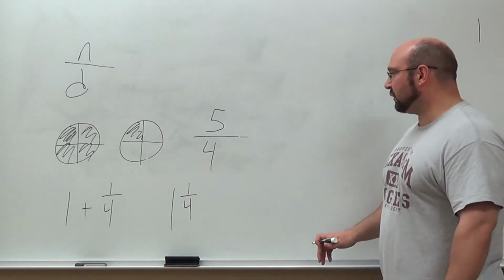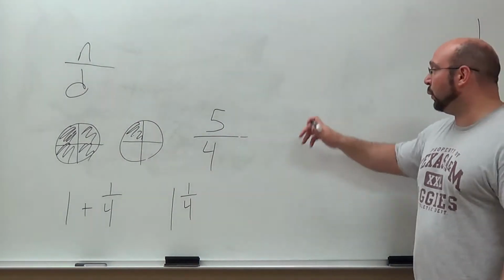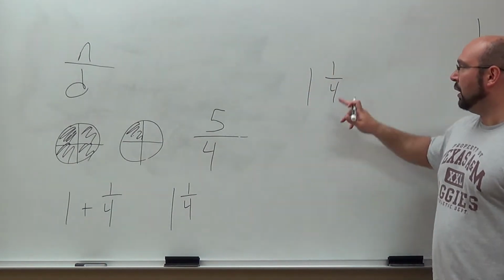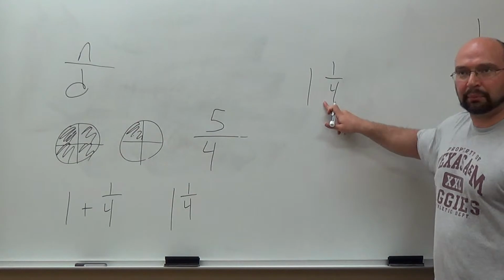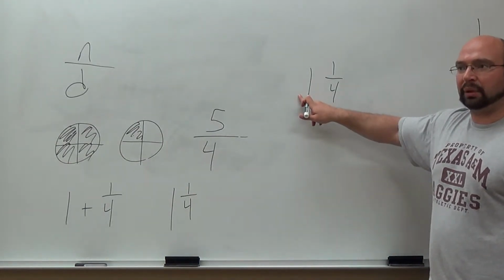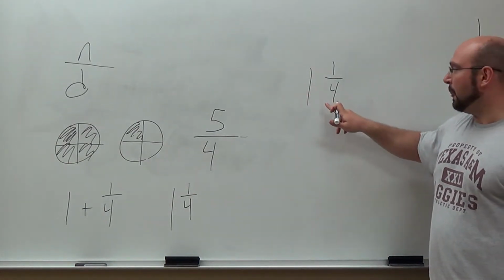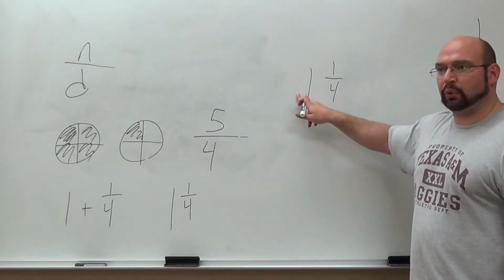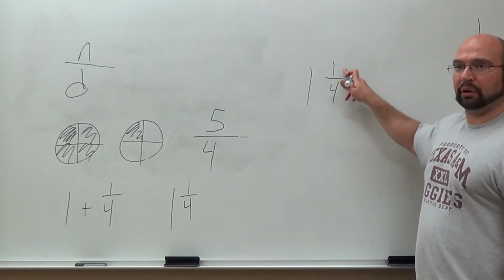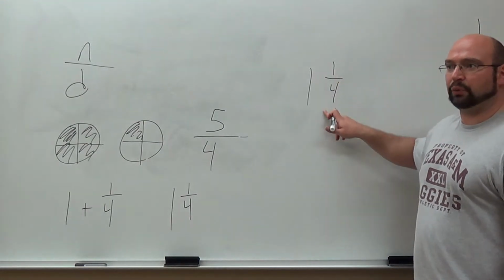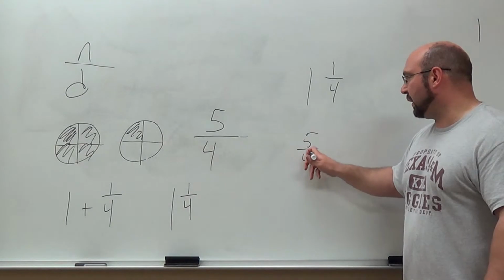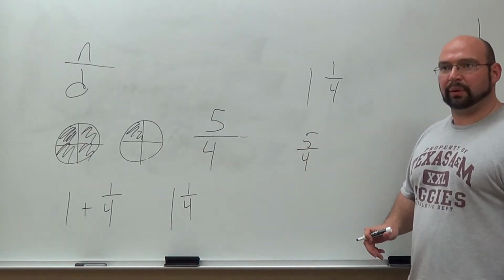The quick way, if I have the 1 and 1/4, is to take the bottom, our denominator, and multiply it by our number up front. So 4 times 1 is 4, plus 1 is 5. So here's the 5 fourths. Is everybody with me on that?